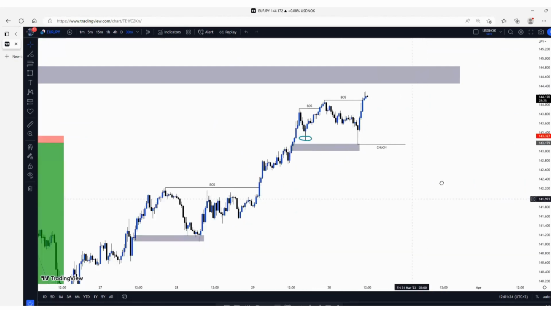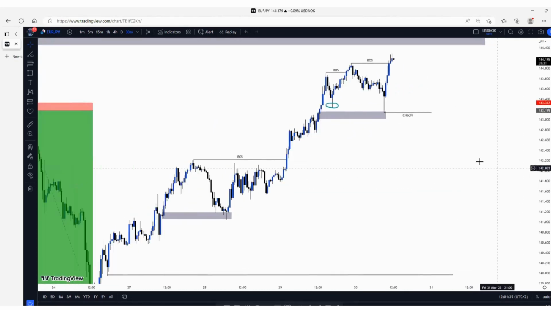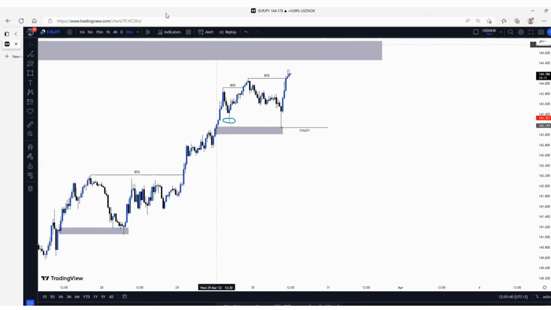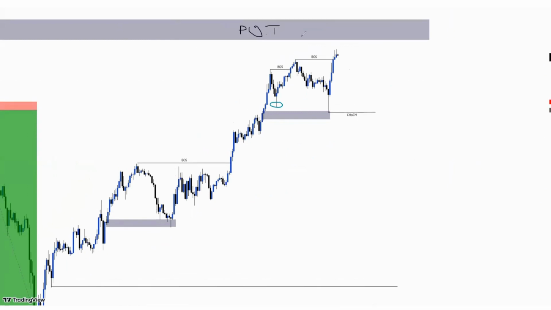Then we can use this one. Again, I think I said it on the first slide that this is mostly when the price is heading to a big POI. When the price is going to a POI of this kind, the price keeps on doing this.